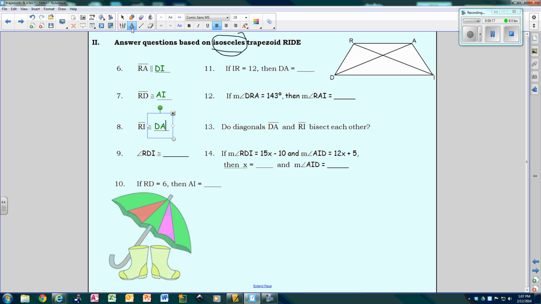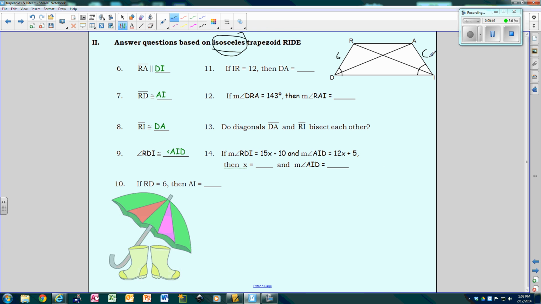Now angle RDI is going to be congruent to the base angle that is on the same base. So we would say it is congruent to angle AID. And if RD is 6, then guess what?